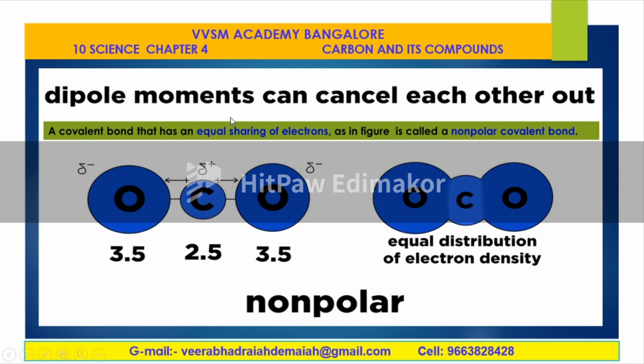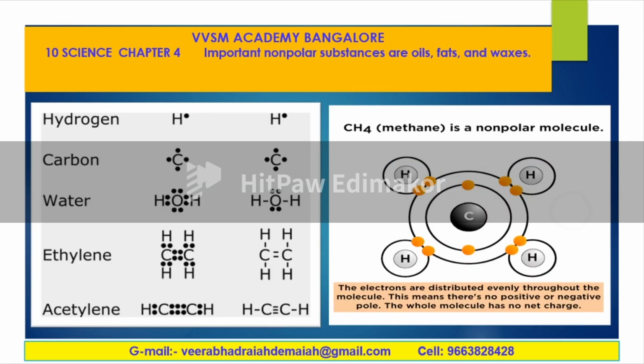Next, dipole moments can cancel each other out. You see, a dipole is delta minus and delta plus. Carbon is 2.5 and oxygen is 3.5, the non-polar equal distribution of electron density. As a result of equal distribution of electrons, the dipole moments can cancel each other and establish a carbon dioxide molecule which is non-polar in nature.